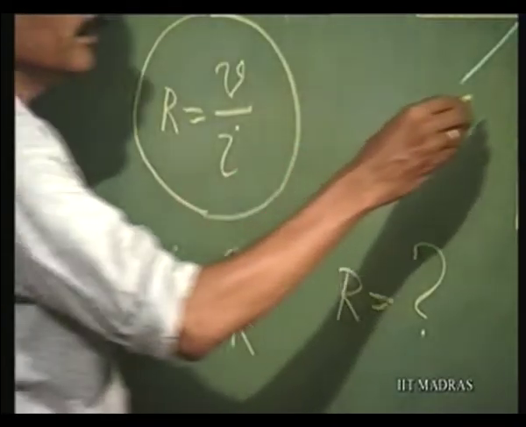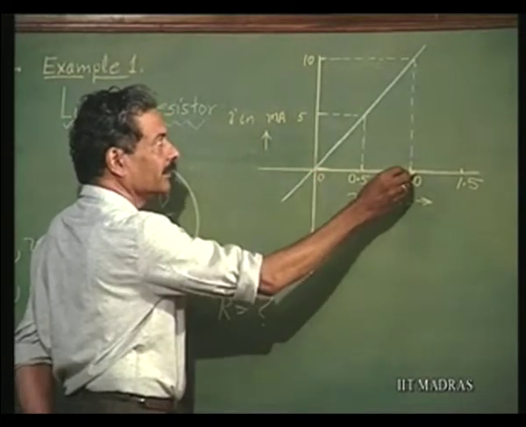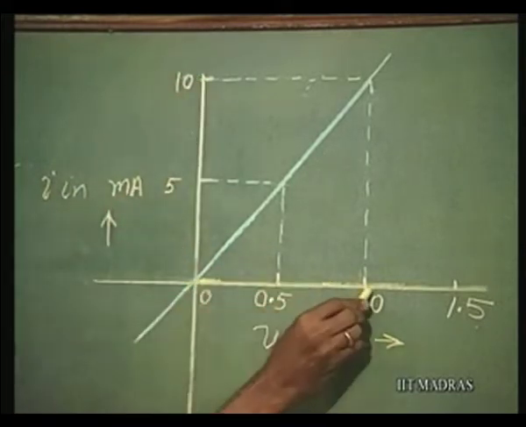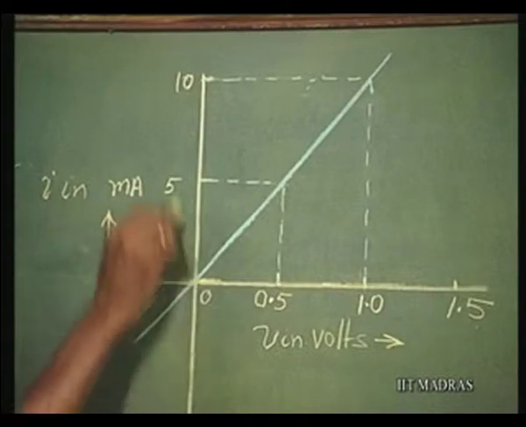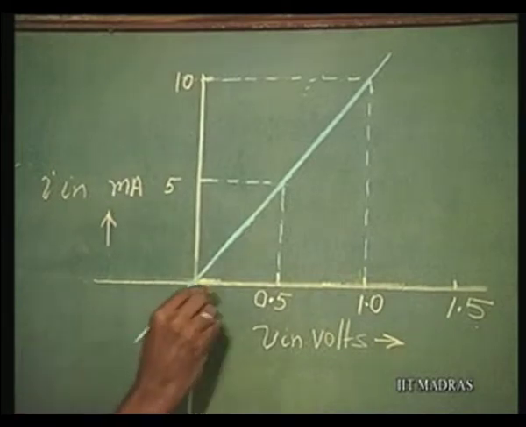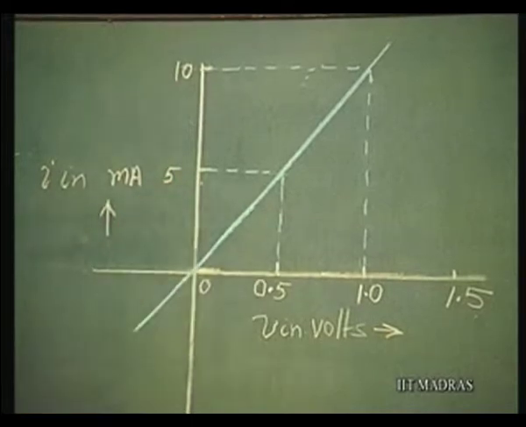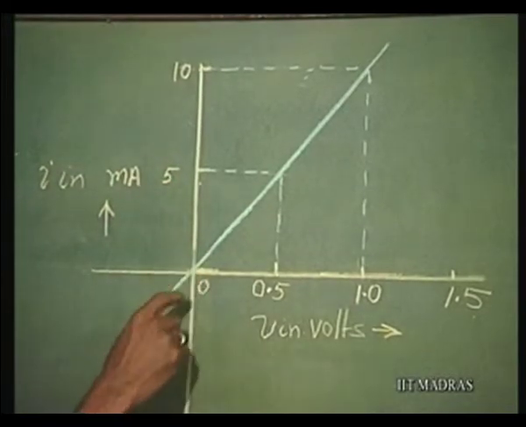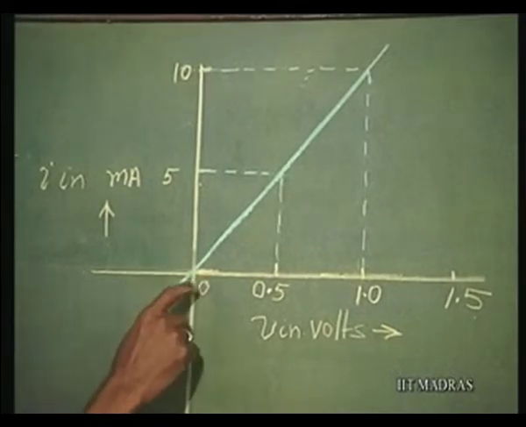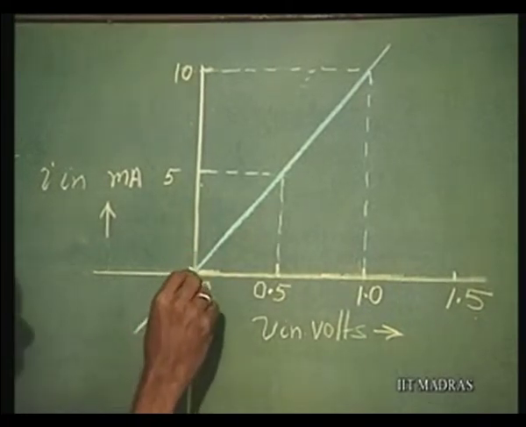We know from this, for a voltage of 1 volt change, it is producing a current of 10 milliamperes change, or for 0.5 volts change, it is producing a current of 5 milliamperes. Therefore, the inverse of the slope of this will give you resistance, or slope of this will give you 1 over the resistance. So, let us find out what it is.